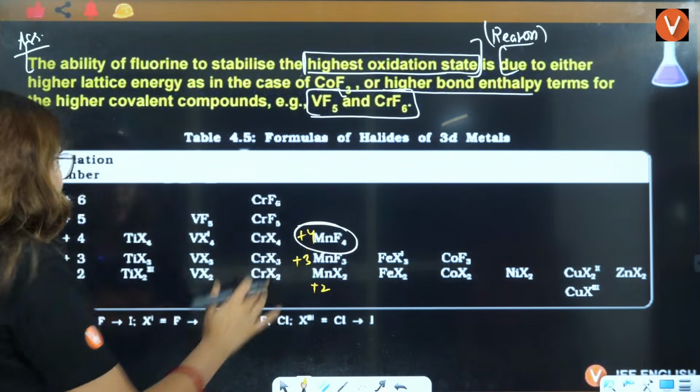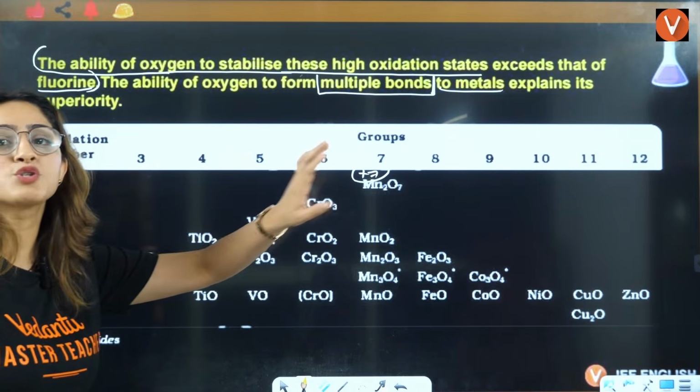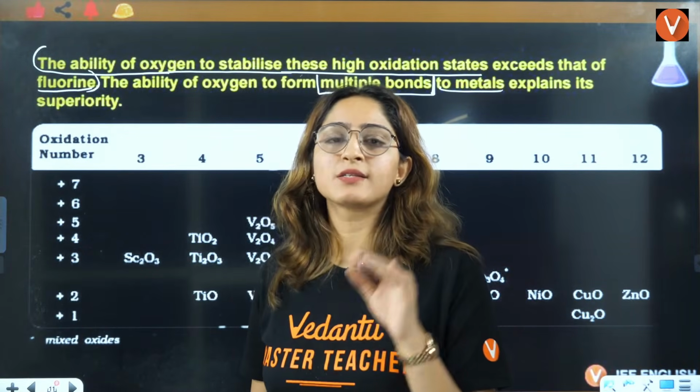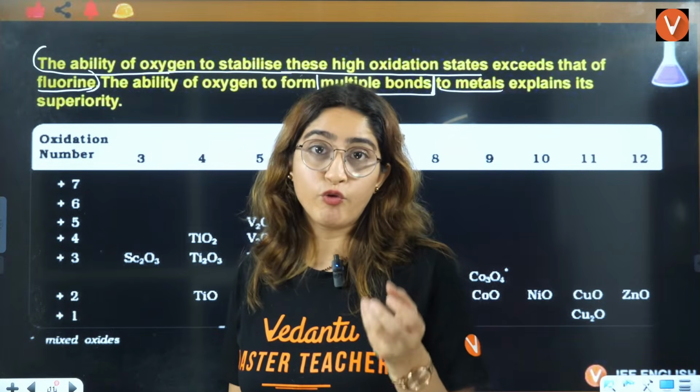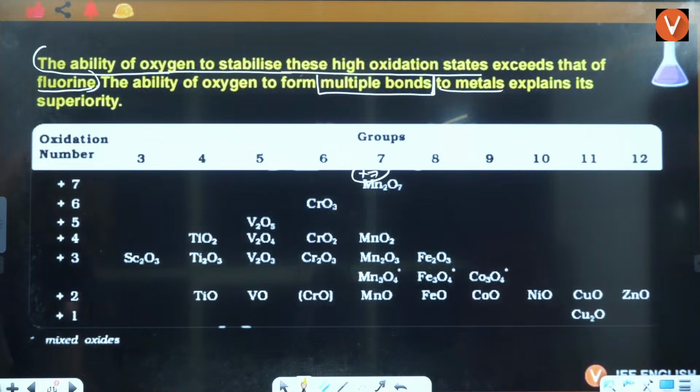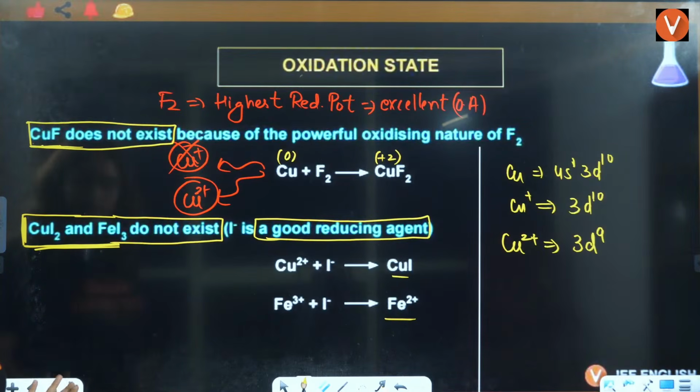But with oxygen it is doing so because of the multiple bonds of oxygen. Obviously +7 is a very stable state. That's why KMnO4 has the +7 state. Okay, right?